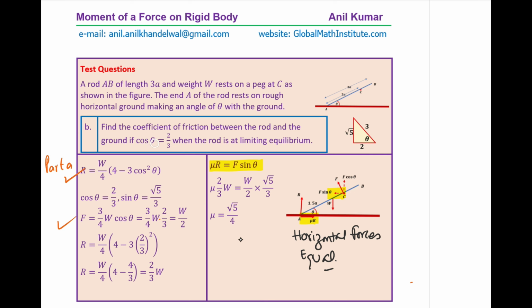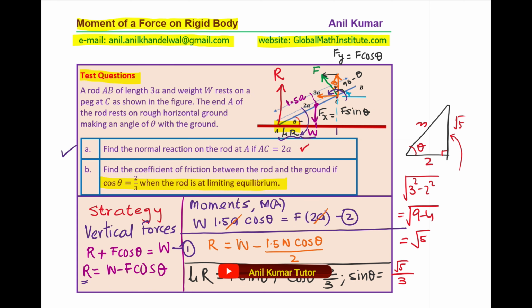That is a very critical point. So at this point, it is still at equilibrium. So we'll equate these and find the value of mu as shown here. You understand the concept, right? So that is how we actually find the solution of this particular question. So I hope the approach is clear to you, the strategy is clear to you, and I hope with this you can solve similar questions very easily.